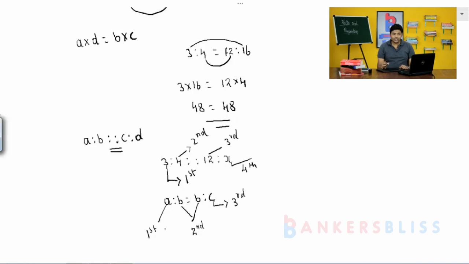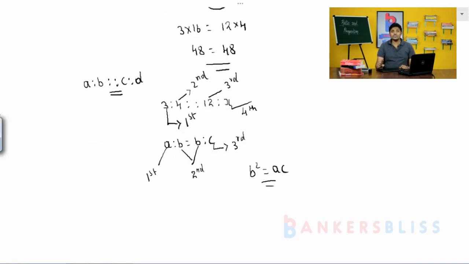Where the two middle values are equal, these types of proportions are called mean proportion. Here the product of the two extremes is equal to the product of the two means, so B square is equal to AC.